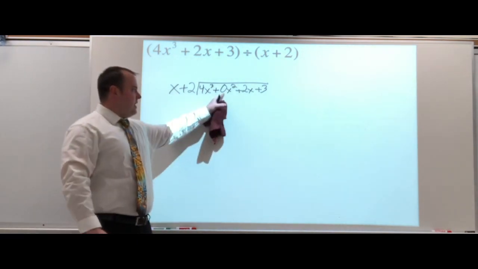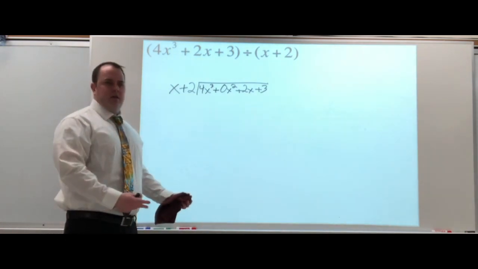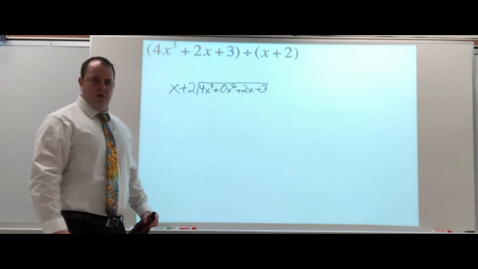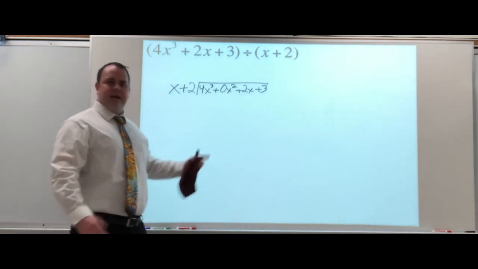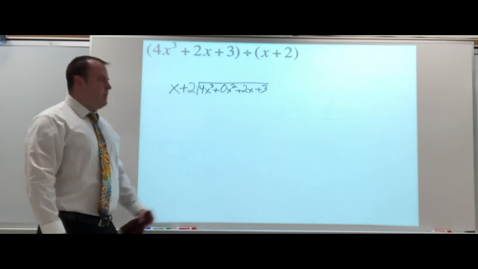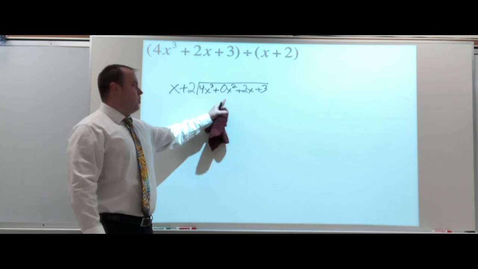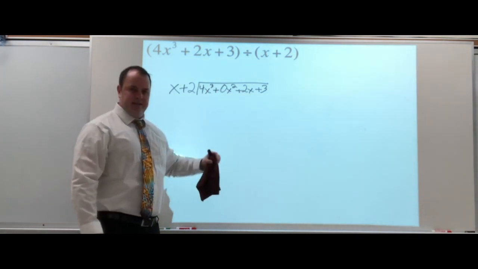Having 0x squared, it's not a real value because anything times 0 is just going to disappear into 0. So no matter what we plug in for that x, it's not that big a deal because it takes care of itself with the 0 as a coefficient. That value is called the filler. It fills the space where we're missing that value, and everything will still line up nice and neat.